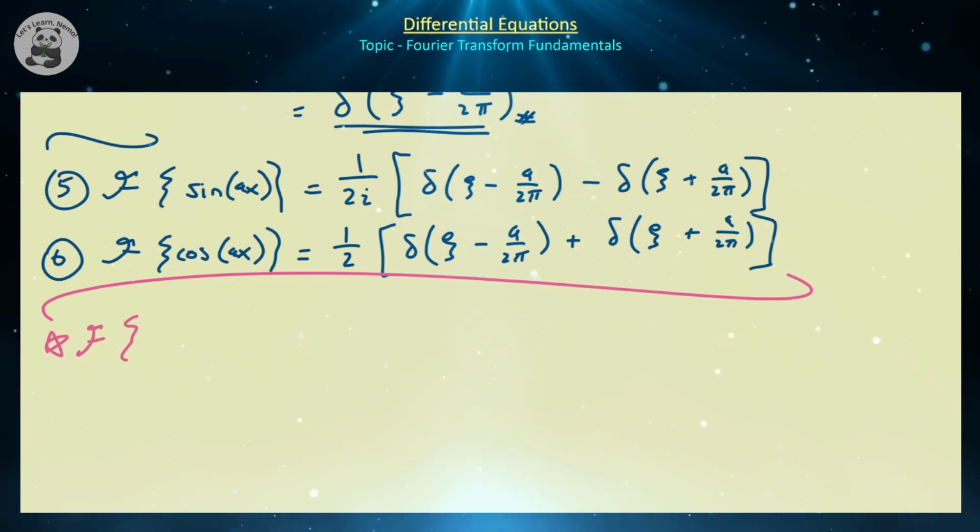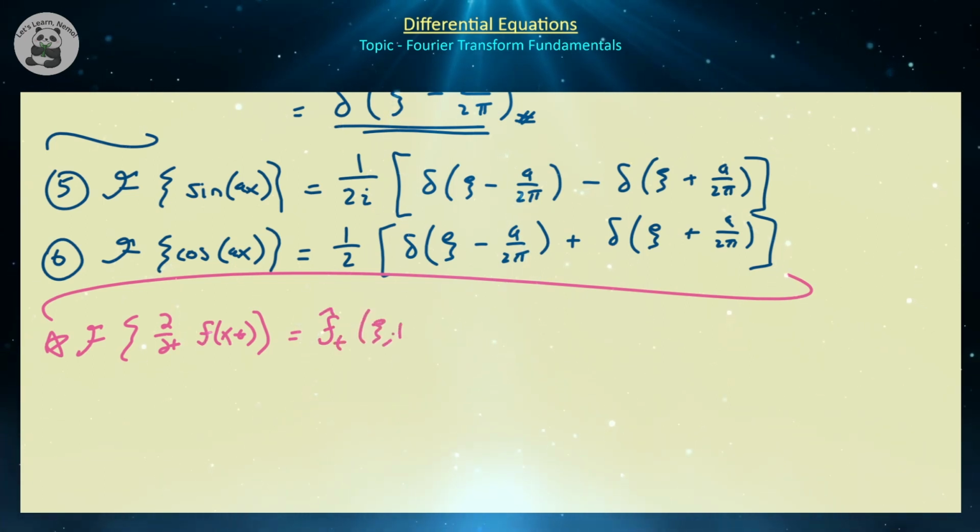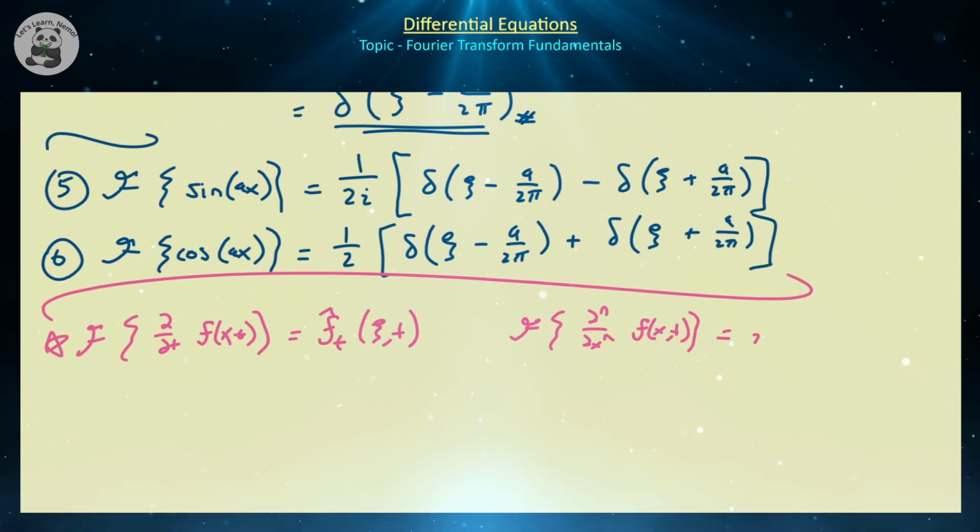Again, the Fourier transform of the partial derivative with respect to t of a function f of x and t is going to be equal to the partial derivative of f hat of psi and t. And the Fourier transform of the nth derivative with respect to x of f of x and t will be equal to i psi to the n times f hat of psi and t.